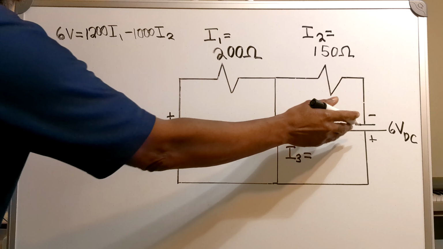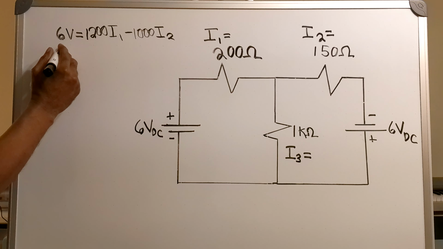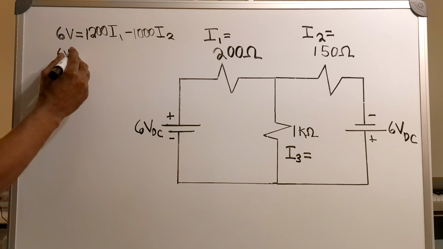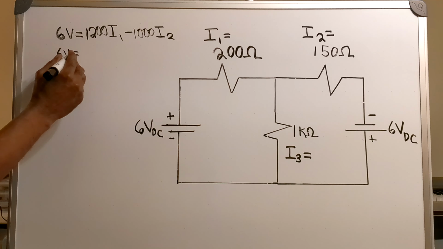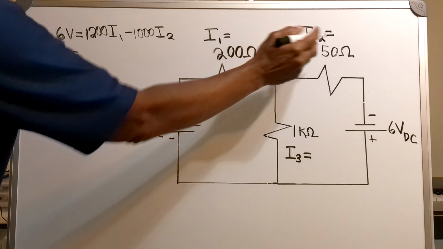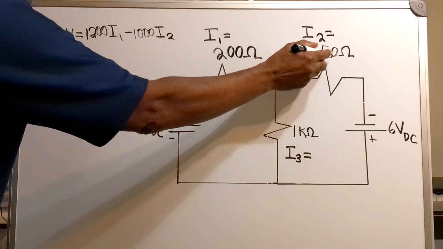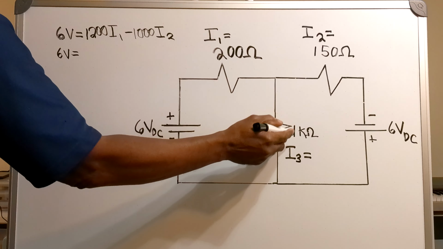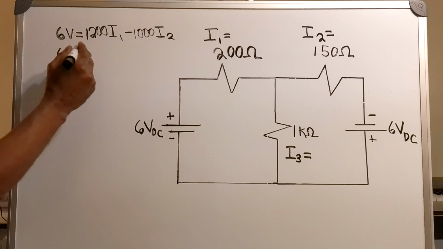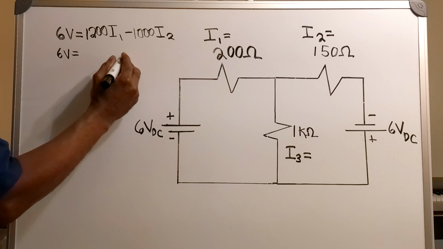Now on this side, 6 volts equals the sum of 150 ohms and 1 k ohm.